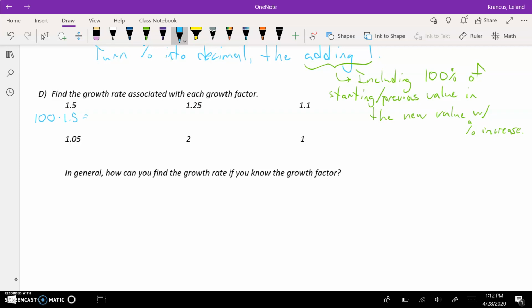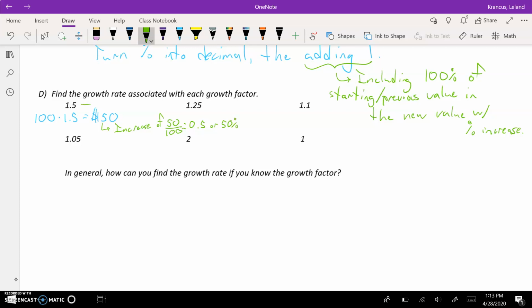I now have $150. So that's an increase of $50 out of $100. So my $100 went up by 50, which equals 0.5 or 50%.